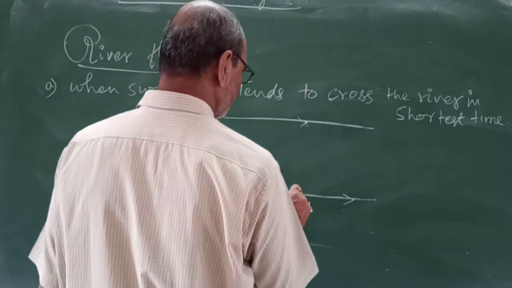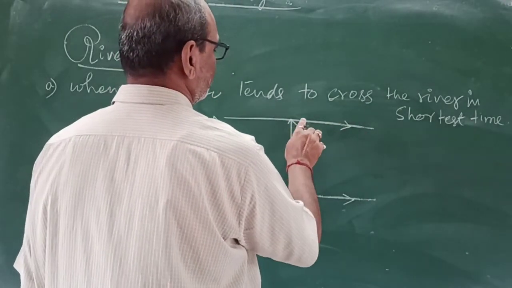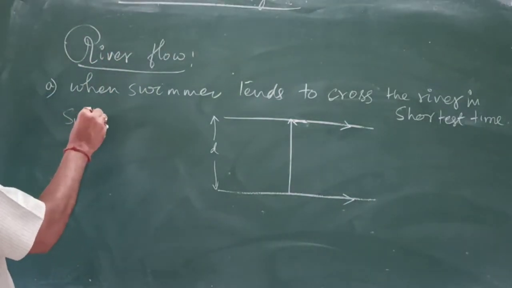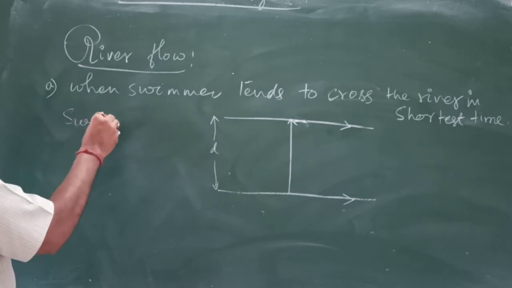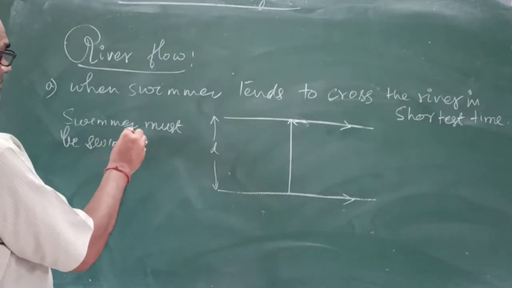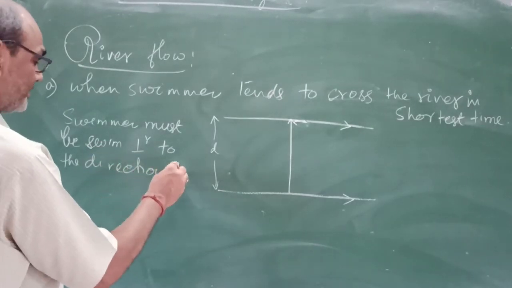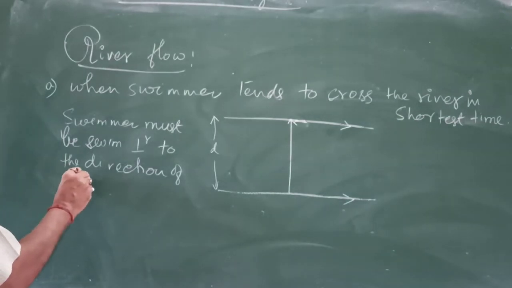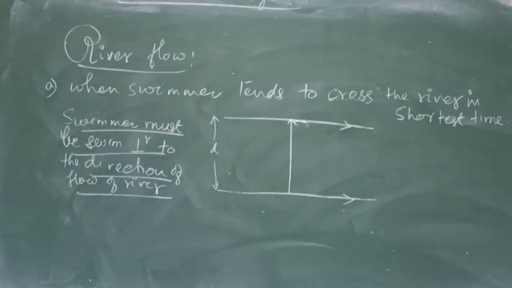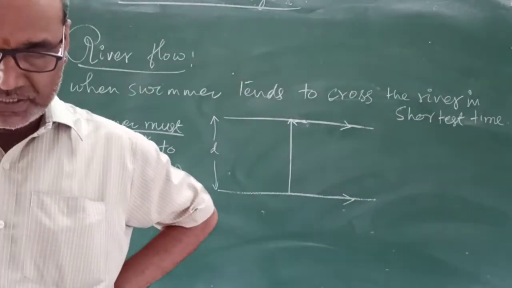You have to remember this point. It should not be along the direction. In this case, the swimmer must swim perpendicular to the direction of flow of river.